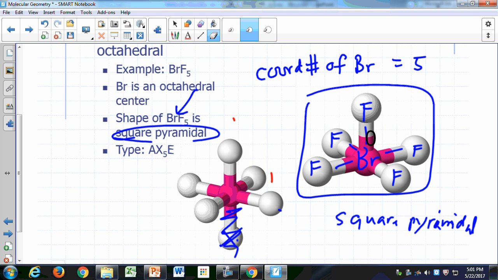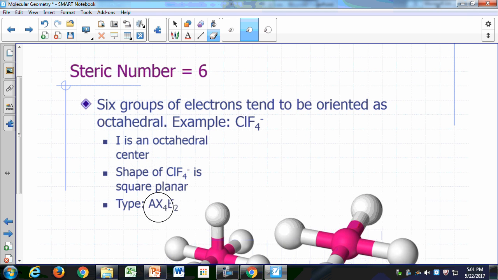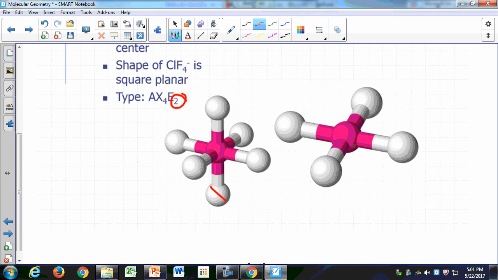Now, what happens if you have 1 more lone pair? Then that second lone pair is going to take a position that's opposite the first lone pair. So if you have AX4E2, you now have 2 lone pairs. The first lone pair takes any position.